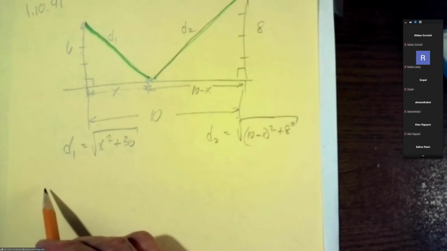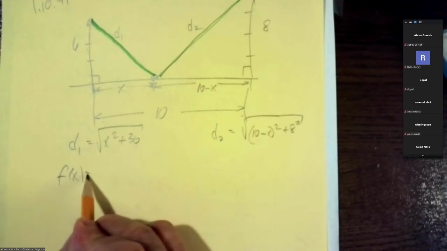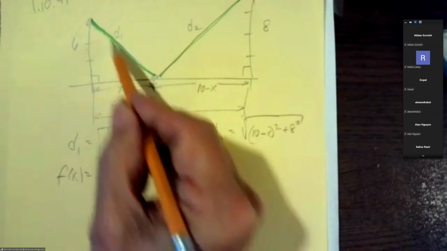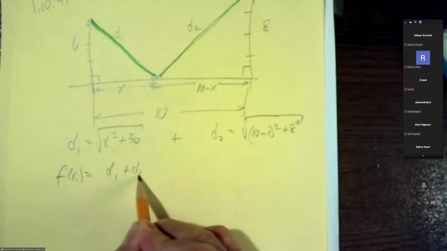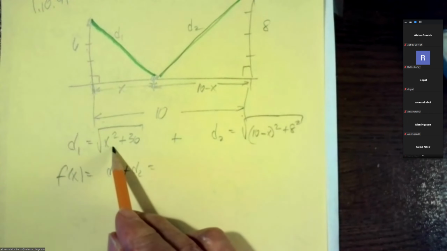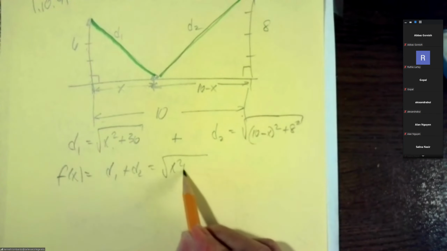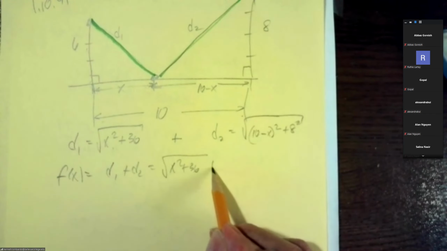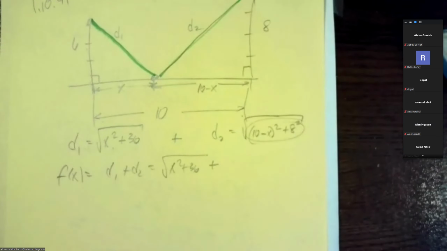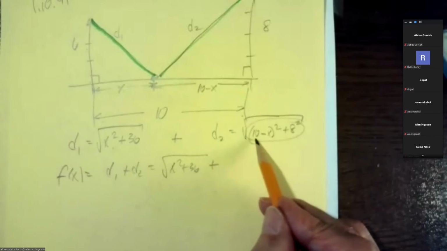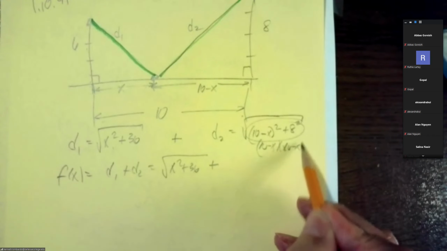So as a function of X, it's going to be D1 plus D2. D1 is the root of X squared plus 36, plus D2, which is the root of 10 minus X quantity squared.